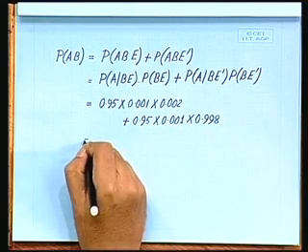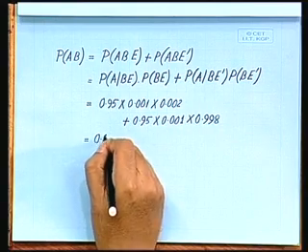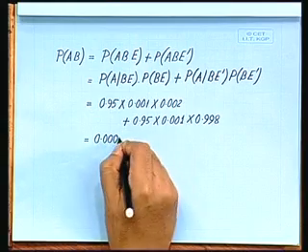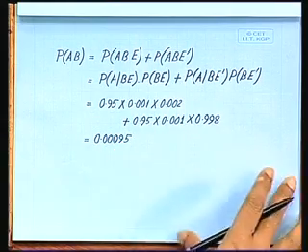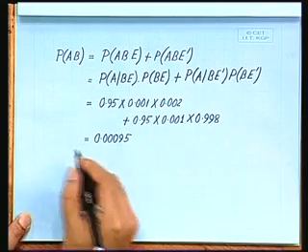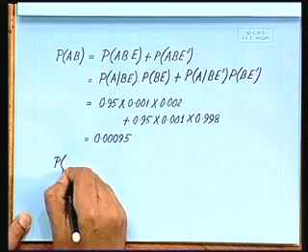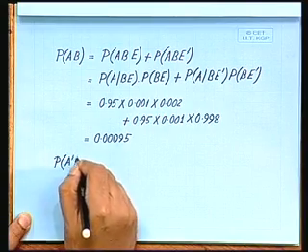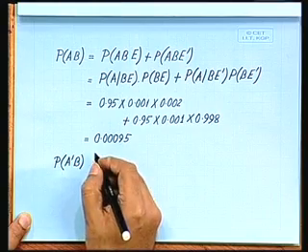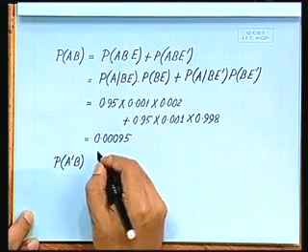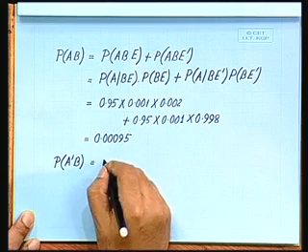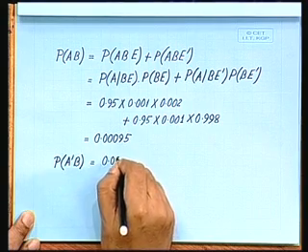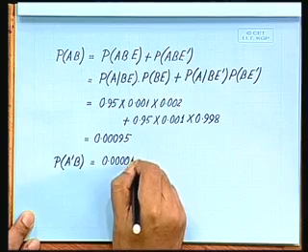This comes out to be 0.00095, right. Then similarly we have to compute P(A',B), and using a calculation exactly similar to this, we find that to be equal to 0.00005.